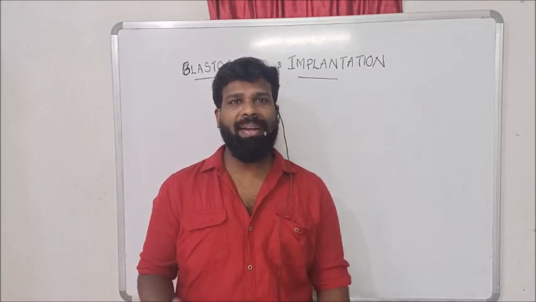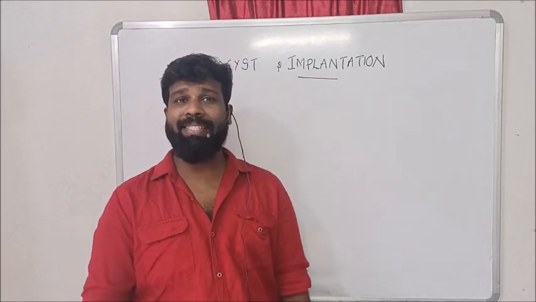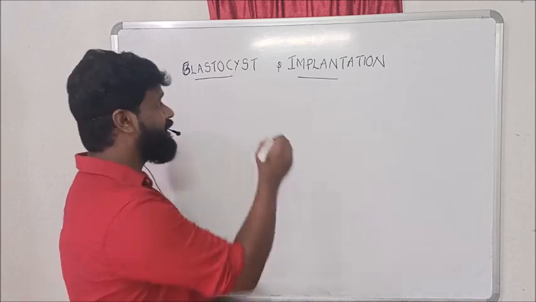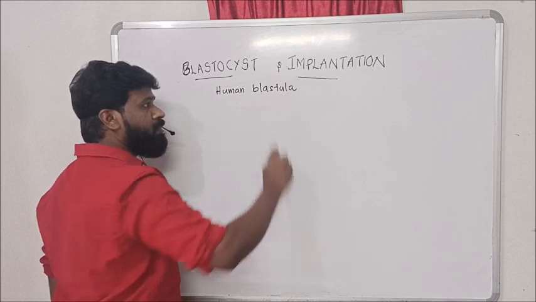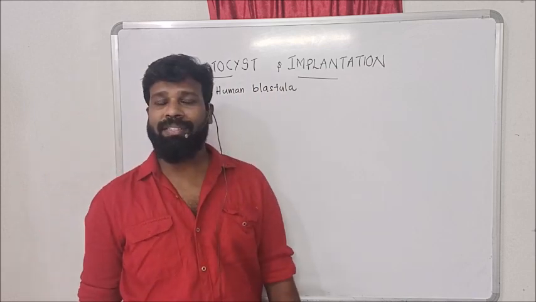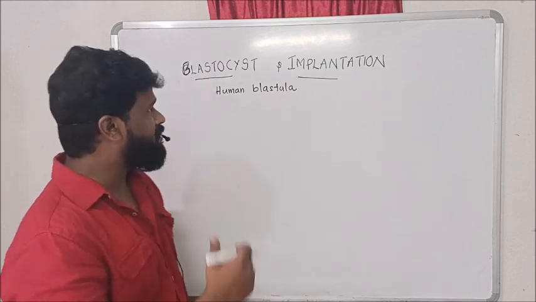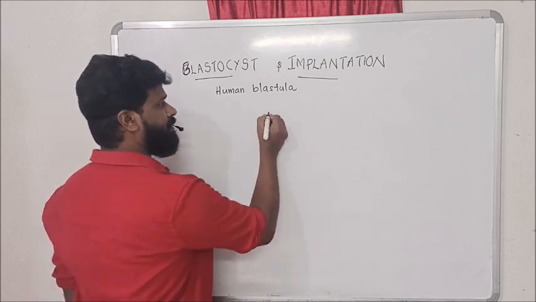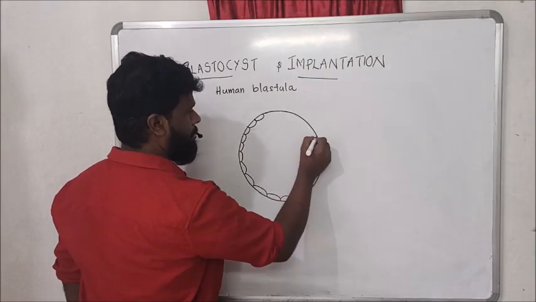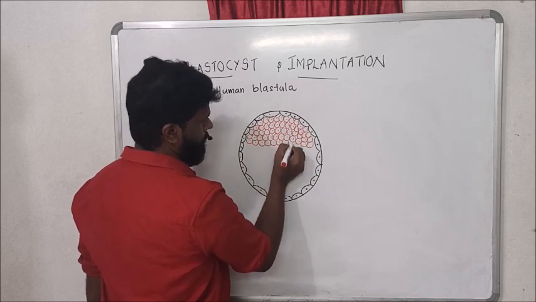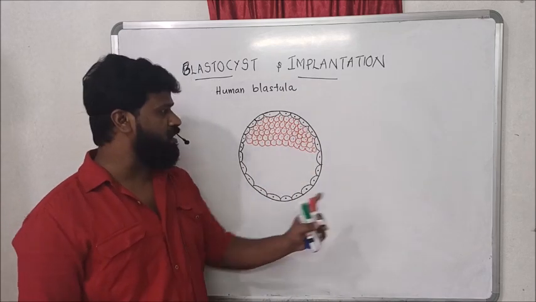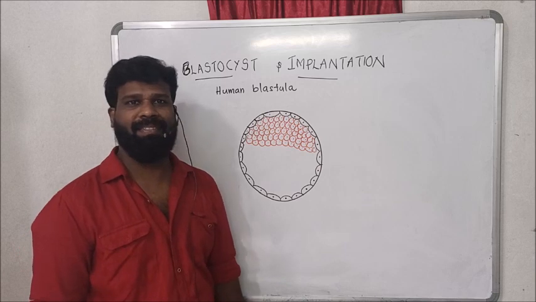The human blastula stage is called blastocyst. This is the structure of blastocyst.